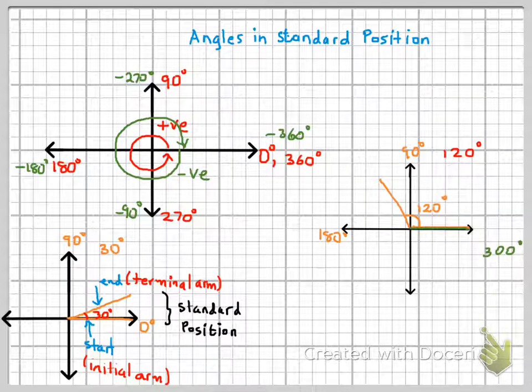We can also draw 300 degrees. We start at 0 degrees on the right side of the x-axis, and we draw that angle counterclockwise, all around. The terminal arm will be in quadrant 4, and you can see my 300 degrees sitting right over there. That is my angle in standard position.